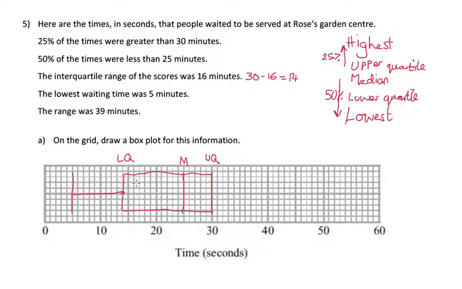This is sometimes called a box and whisker diagram. Here's the box, and here is a whisker to the extreme value. And we're going to have to work out the upper value because it doesn't tell us what it is, but it tells us that the range was 39 minutes, so the difference between the lowest and the highest was 39 minutes. So if we add on 39 to 5, we should get our highest value, which is 44.